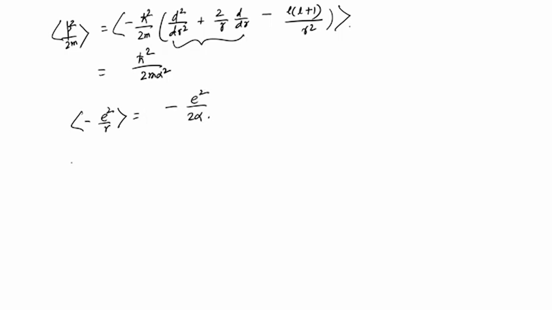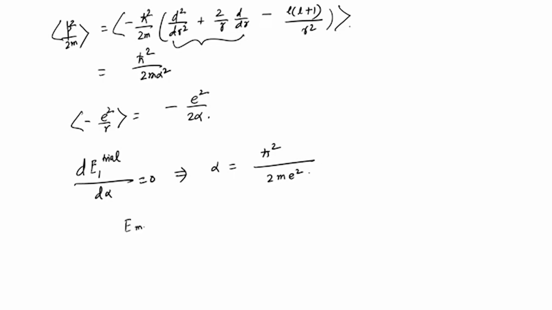And so, once again what we do is that we take a derivative of E1 trial with respect to alpha, that is equal to 0, and this gives us alpha equal to h cross square by 2m e square, and that gives E min equal to e square m by 8 h cross square.